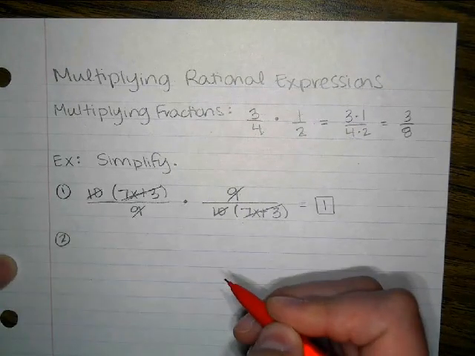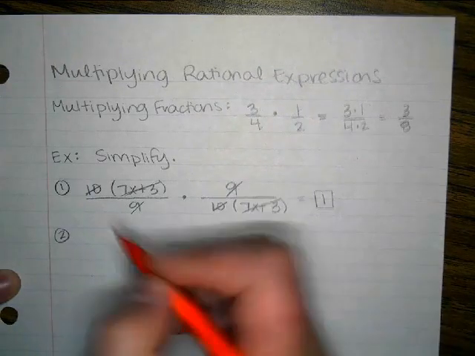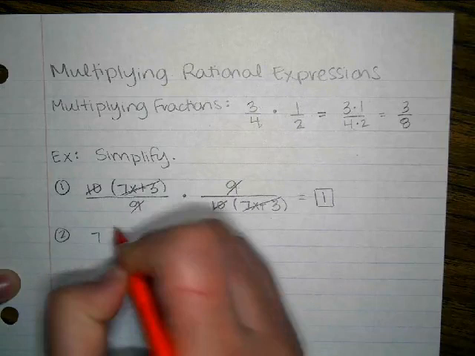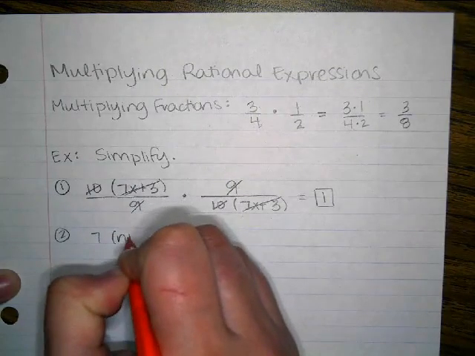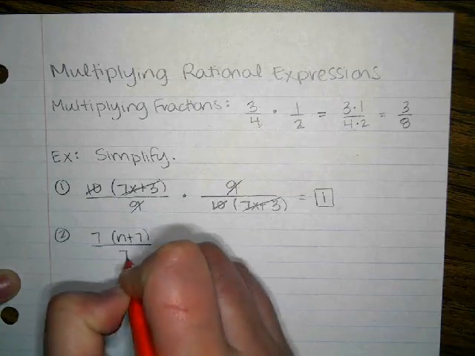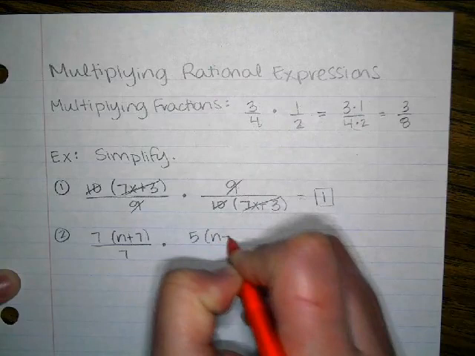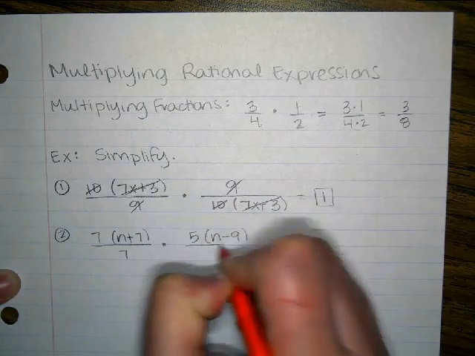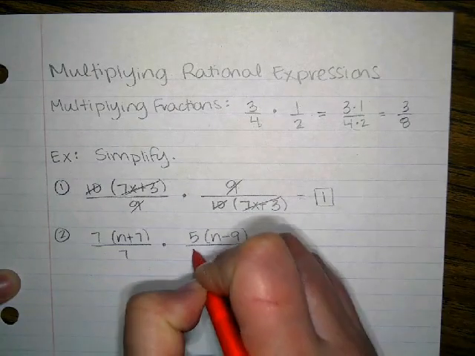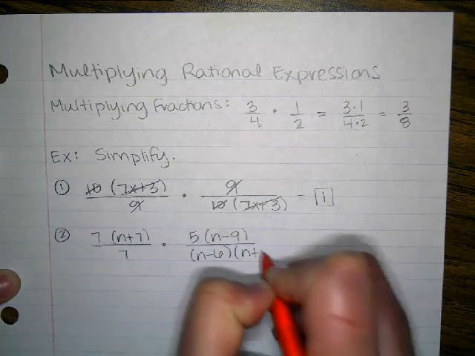Okay, let's try another one. So if we have 7 times (n plus 7) over 7, multiplied by (5 times (n minus 9)) over (n minus 6) times (n plus 7).